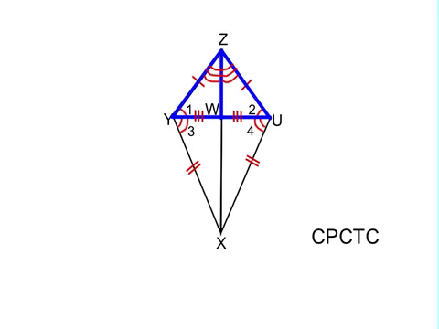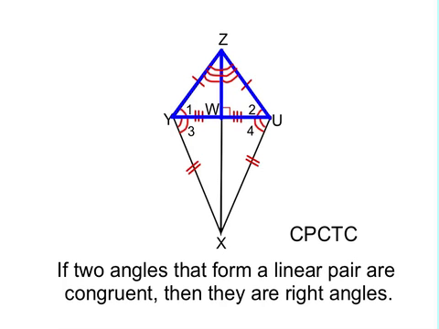And from there, we'd know that YW is congruent to UW by corresponding parts, and also by corresponding parts that angles ZWU and ZWY are congruent, and they have to be right angles, because if congruent angles form a linear pair, they are right angles. And from all of that, we are able to state that ZX is the perpendicular bisector of YU.